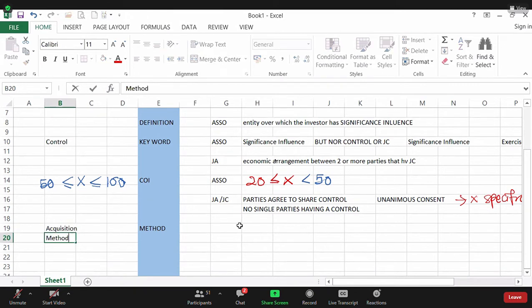But what about associate? Go to page 509. What is the method? Equity method. So this equity method is for both associate and JV.